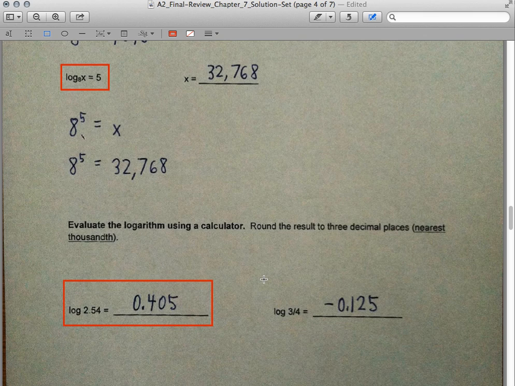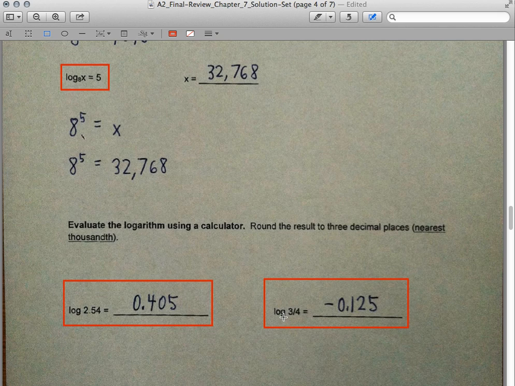Again, we can use our calculator and ask it log of 2.54 equals, and it will show us the value that we would have to raise 10 to get 2.54. And that value, rounded to the nearest thousandth place as the directions ask for, is 0.405.